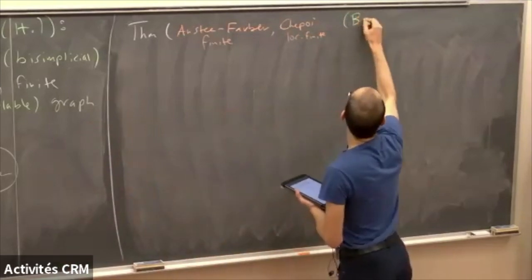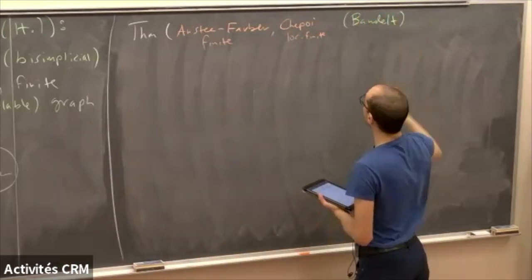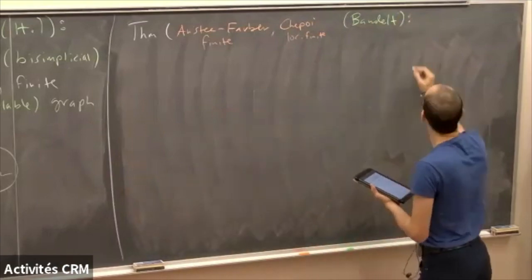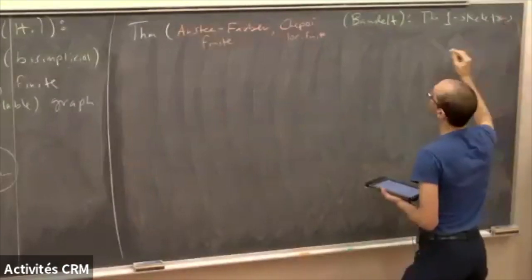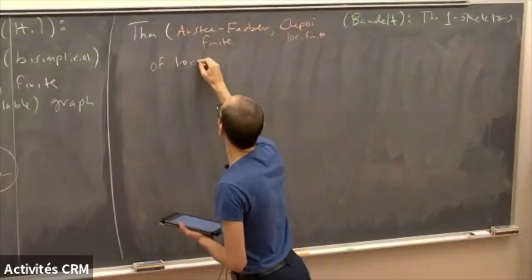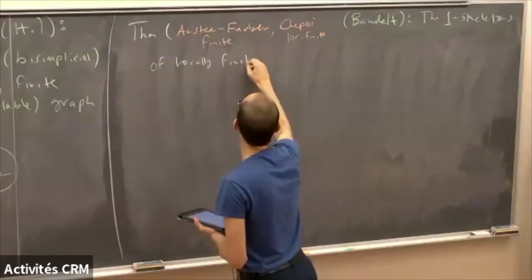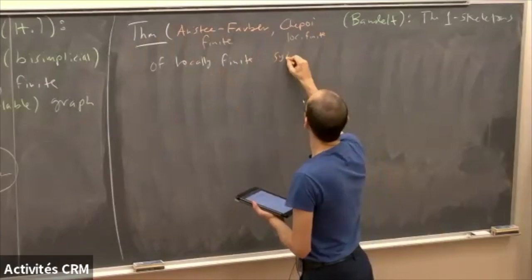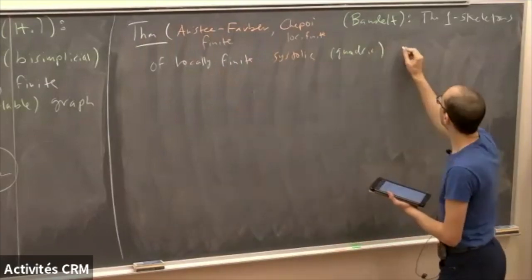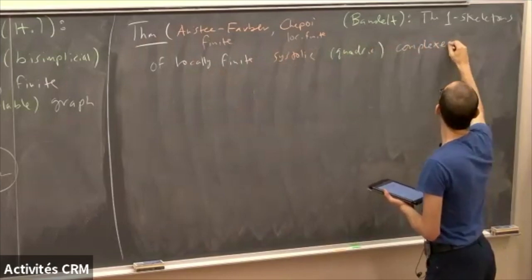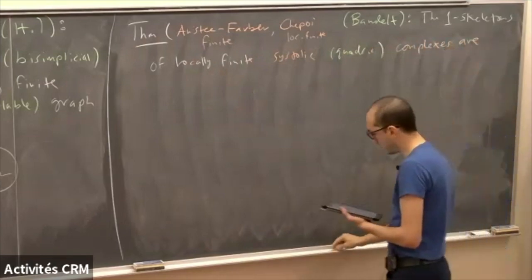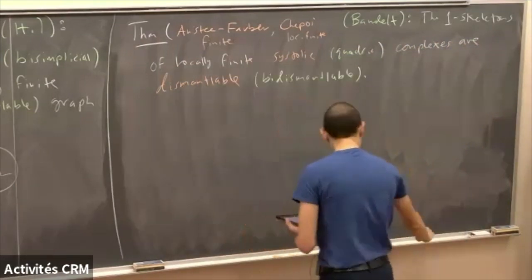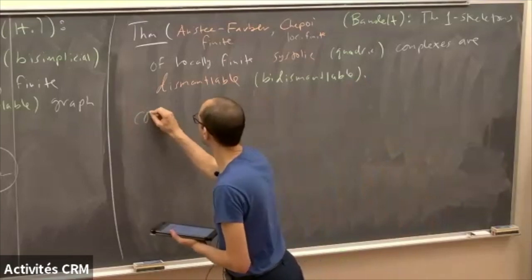And then Bandelt, for the quadric case: the one-skeletons of locally finite systolic and quadric complexes are dismantleable.